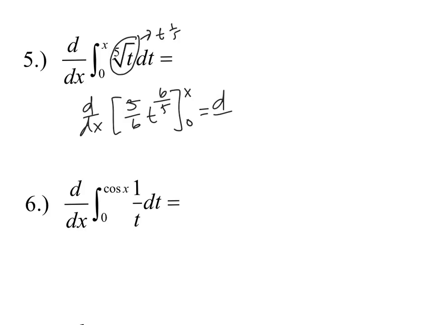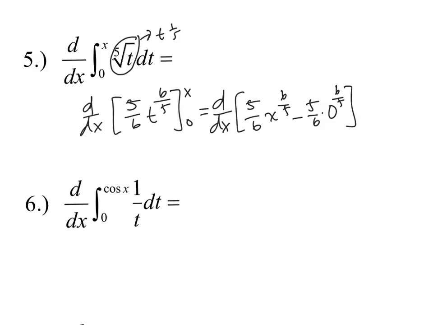So this would be the derivative of, let's take x and put it in for t. So that would be 5/6 x to the 6/5, and then minus 5/6 times 0 to the 6/5, which will zero out for us.